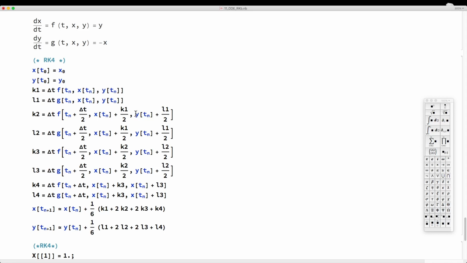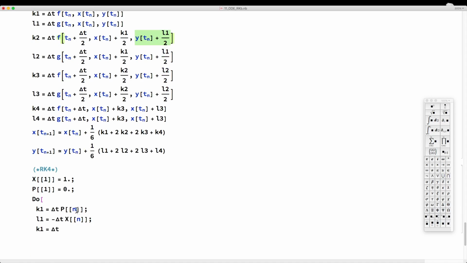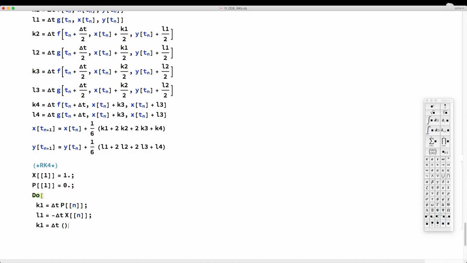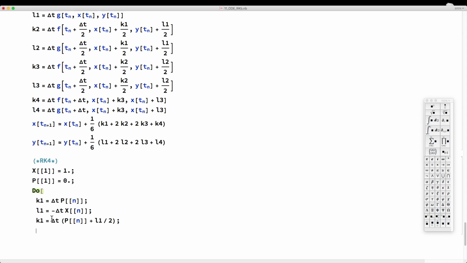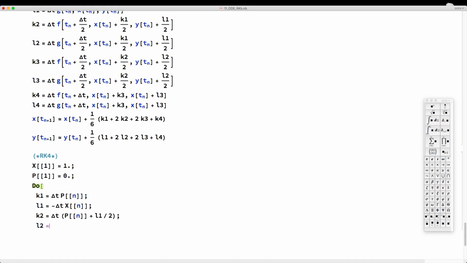So in place of p, we put p of t_n plus L1 over 2. So let's copy this. So we have p_n plus L1 over 2. And actually that is k2. Let's be careful. And then we have L2 equals this expression.